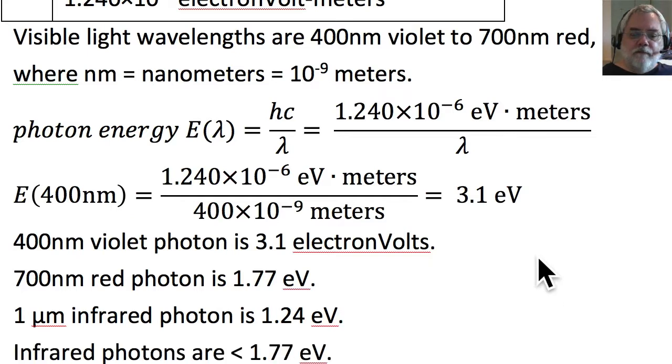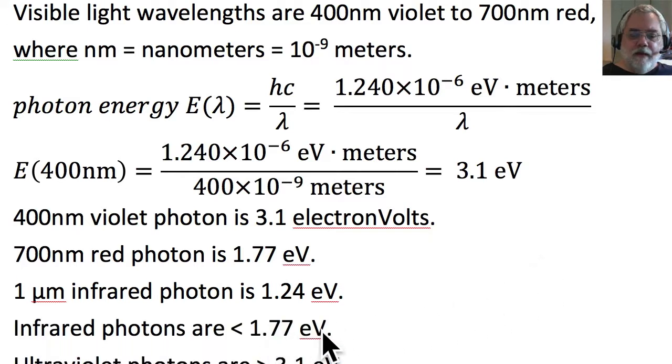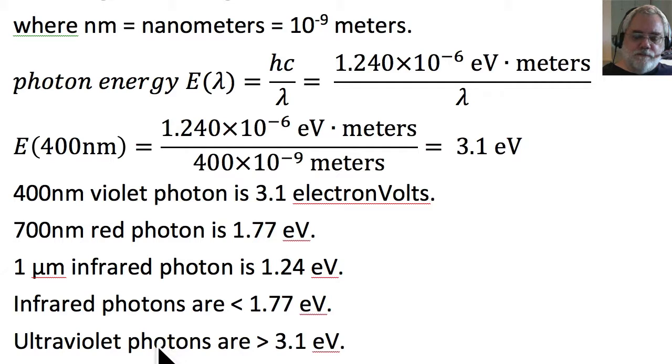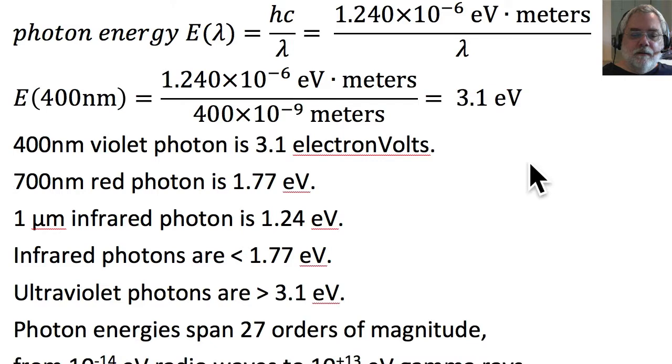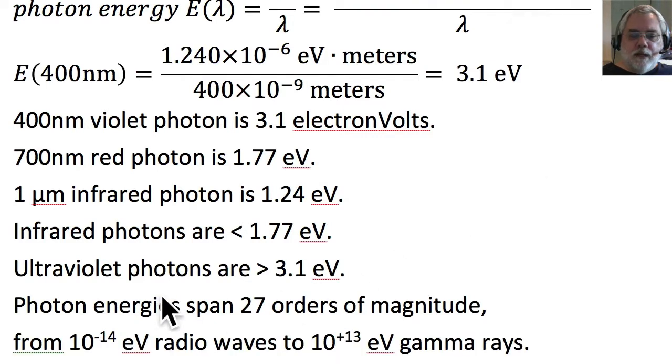So infrared photons have energies less than 1.77 eV. Ultraviolet photons have energy more than 3.1 eV and smaller wavelength than 400 nanometers. But those aren't the only kinds of light or photons or electromagnetic radiation. Photon energies span 27 orders of magnitude.